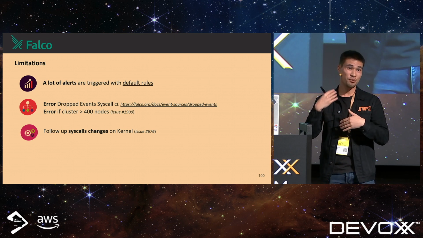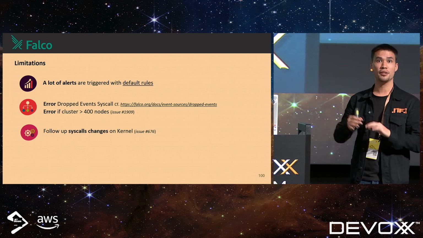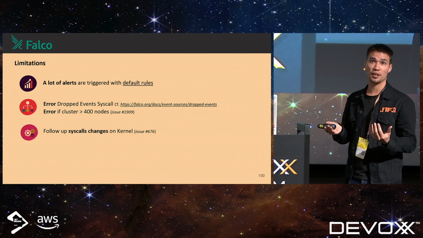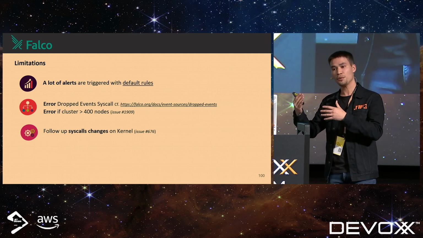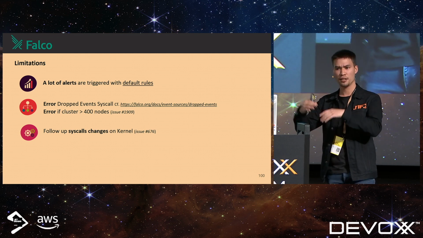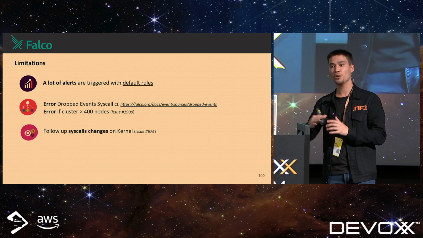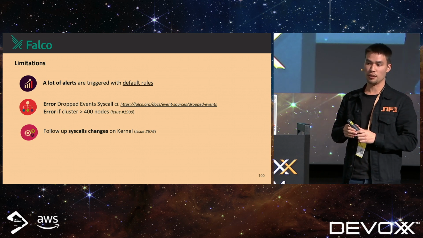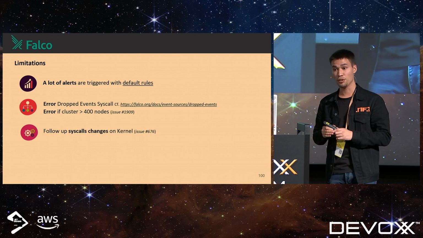It means that if an attacker is able to generate a huge number of events on a specific node, maybe some of these events will be dropped, and then he will be able to hide his tracks. So this is something that the community is aware of. There are already a couple of strategies to make sure this is not happening, but this is something we need to be aware of. As well, if you have a very big cluster, of course, this is not the case for everybody.